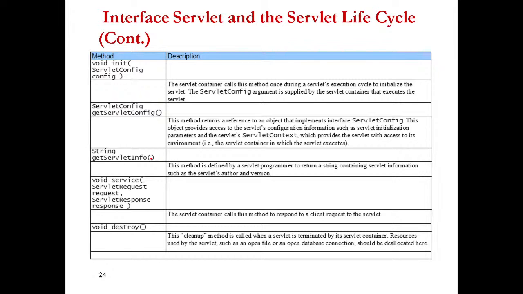Which parameter is used depends on whether it is a request from the client or a response from the server to the client. And the last is the destroy function, which basically terminates the servlet and frees all the resources which have been taken by the servlet for the smooth execution of the client request.